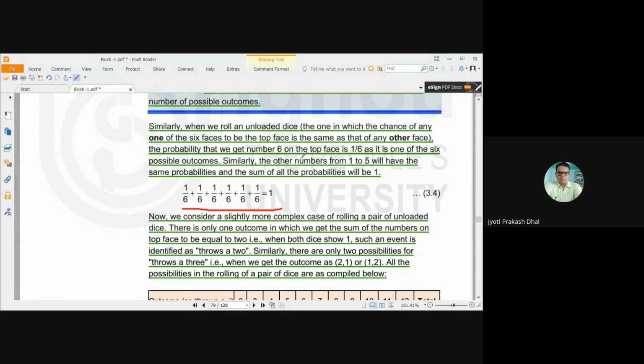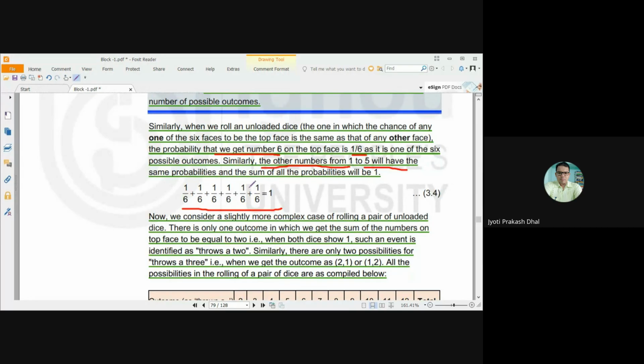The probability of getting number 6 on the top face will be 1 by 6, as it is one of the 6 possible outcomes. Similarly, the other numbers from 1 to 5 have the same probability. If you roll one dice, the probability of getting 6 is 1 by 6.